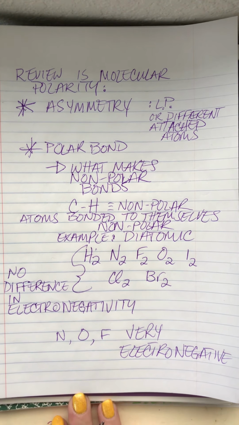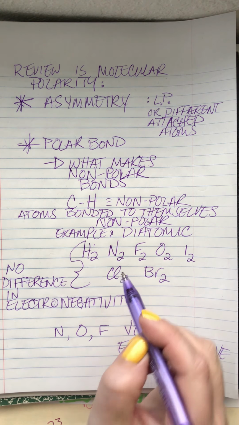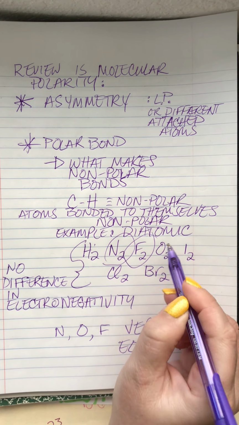So when they're bonded with other atoms, they don't share very well, meaning that they form very polar bonds, right? So anything bonded to nitrogen, oxygen, or fluorine would be essentially polar. Unless you're talking about these guys.